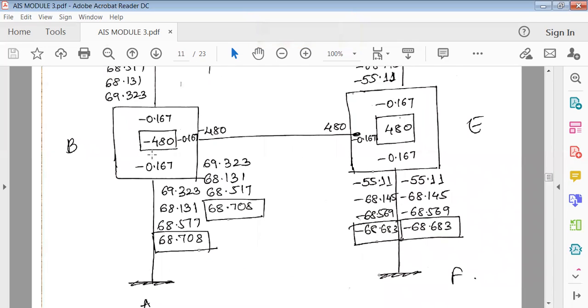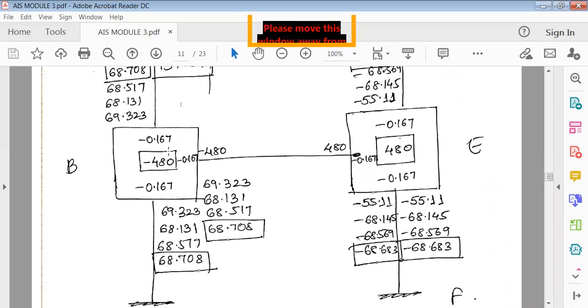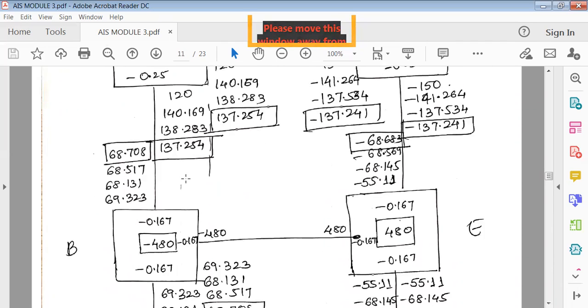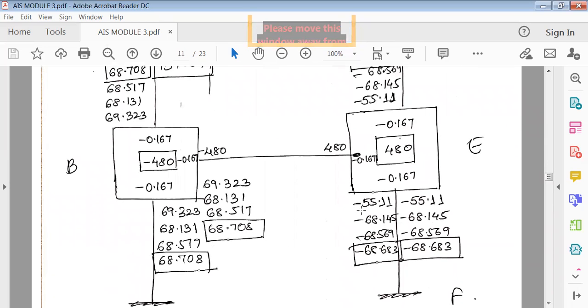Now next is joint B. In joint B, it is minus 480, right? Previously existing. Now this is very important. See joint B, it is connecting C also, it is connecting E also. In C you already have the moments which you calculated here. C is connecting to B with these moments. This is the first step, we have already calculated this, so it is 120. And B is connected to E also, so that is minus 55.